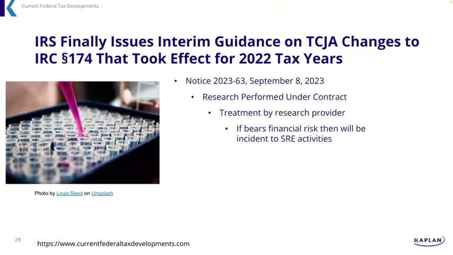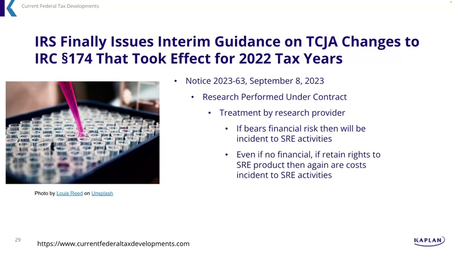For the research provider, if you bear financial risk, then what you do is considered incident to your specified research activities for the year in question for your company. It's supplemental to those type of activities. Even if there's no financial risk, if you retain rights to the SRE product, then again, we're going to have these incident to SRE activities. So even if you're going to be paid, even if it fails, but you have the rights to continue to use that product, right?